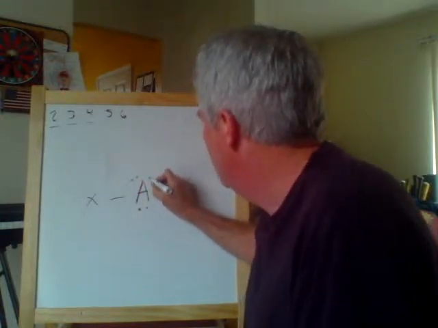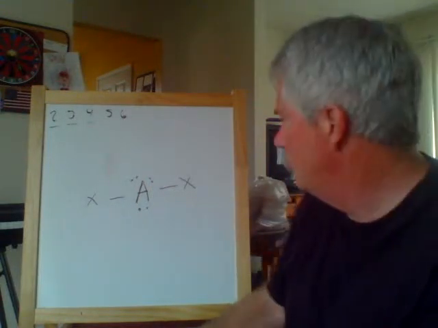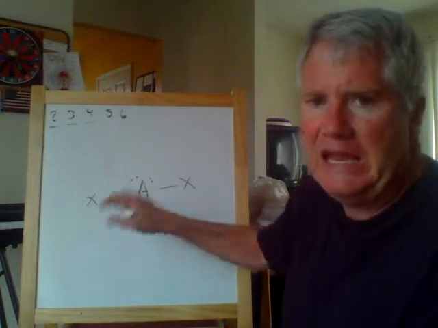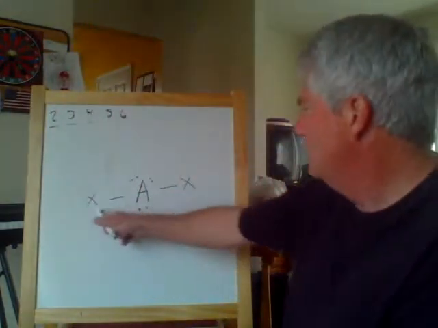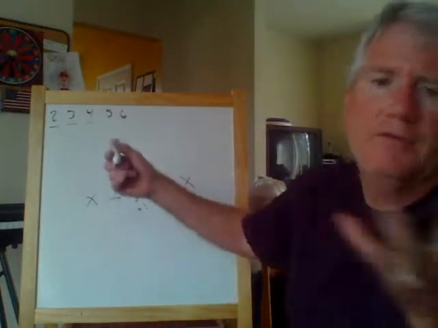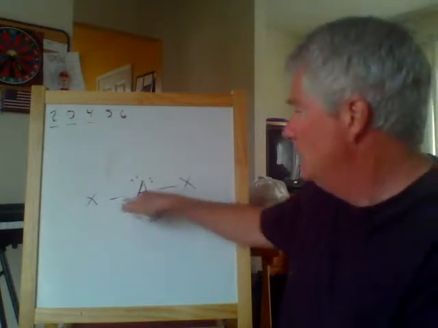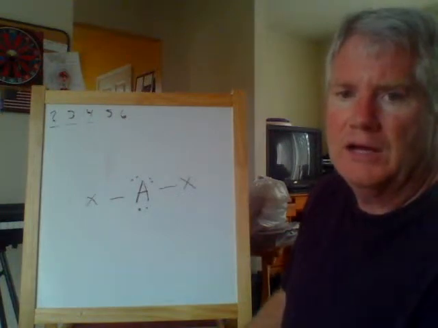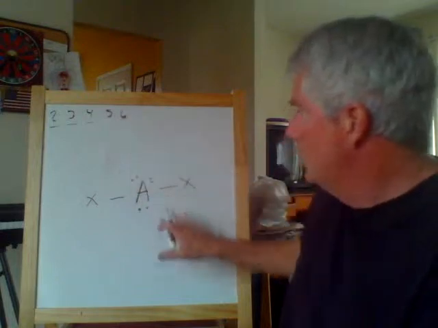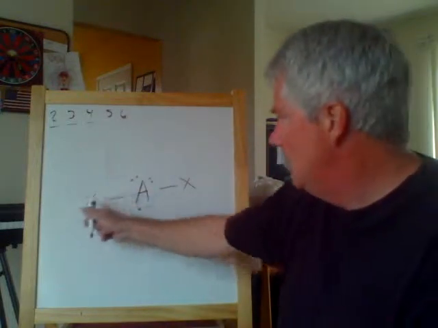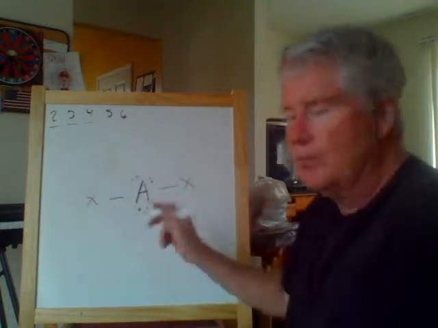Okay, and by the way, this is a common depiction in a lot of the books where they talk about shapes. They use the letters A, X, and usually E, I think, right? In this case, what I'm depicting here is a central atom, whatever it happens to be, that has 3 lone pairs around it, and it's connected to 2 other atoms on either side. This shape is in the category of 5, but the shape is linear because indeed it is linear. These electron pairs push the other atoms to be as far apart as possible.